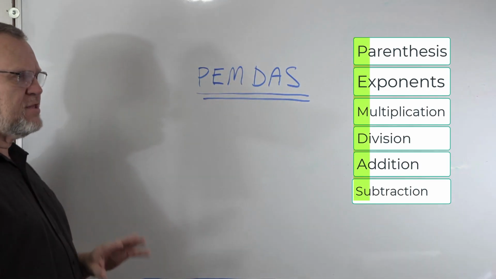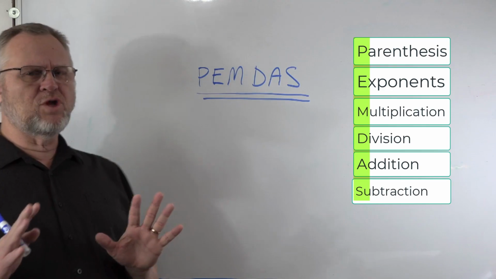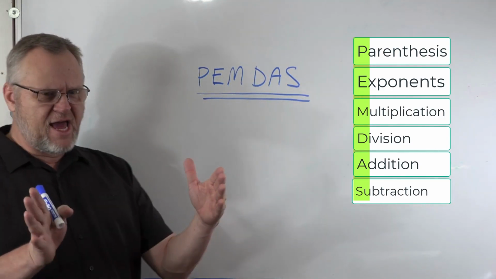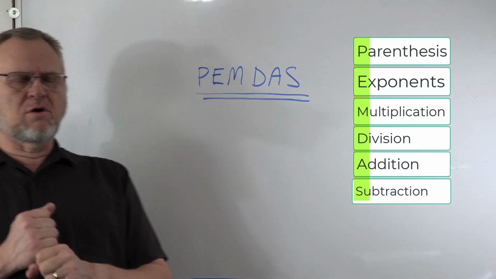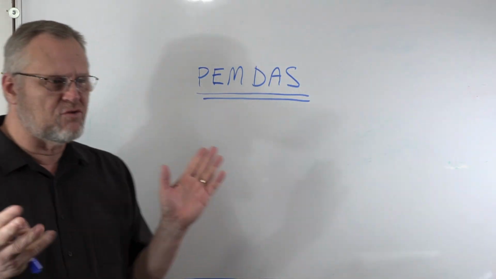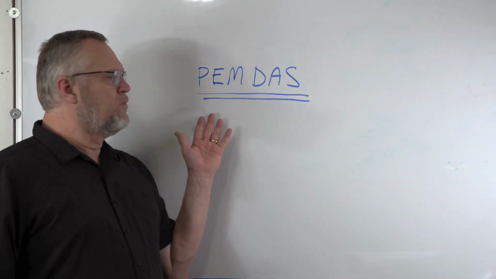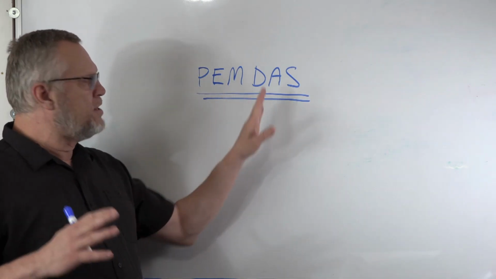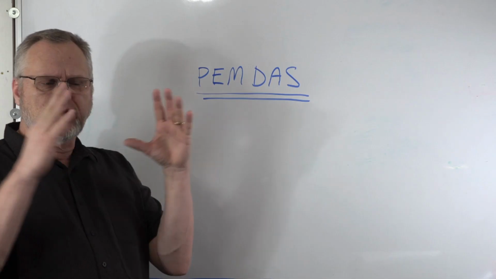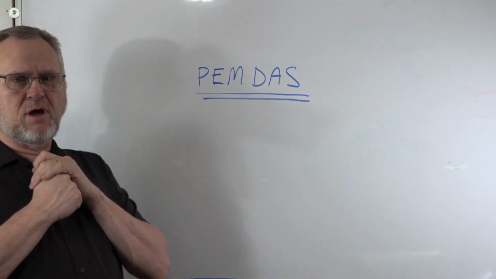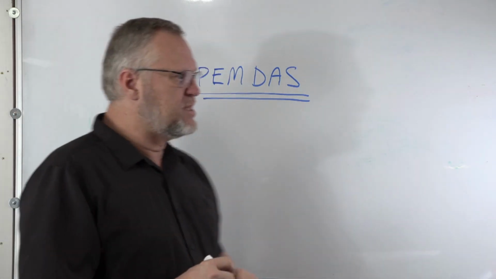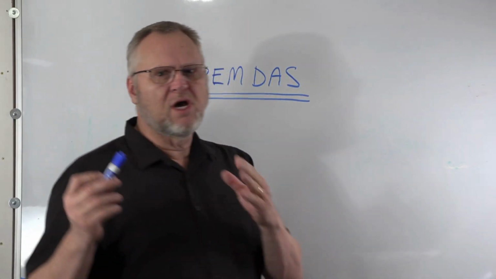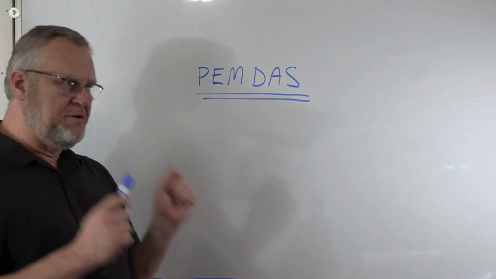Now, whenever you evaluate or start to simplify a formula or equation that you're trying to solve, you need to know what things you can do first to clean up an equation. For example, let me give you an example of evaluating a number.